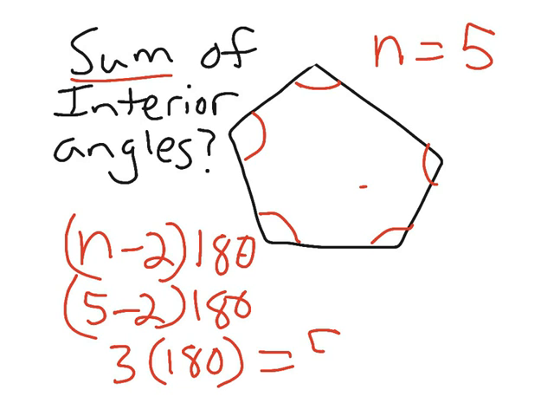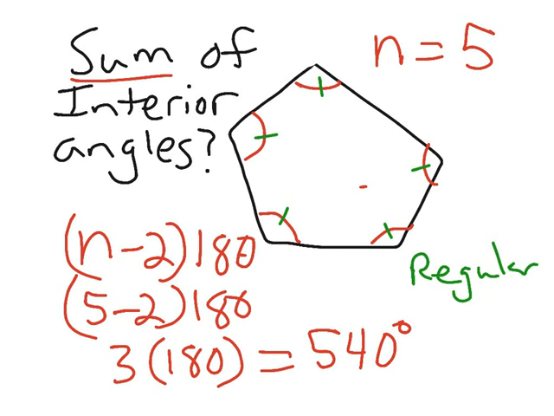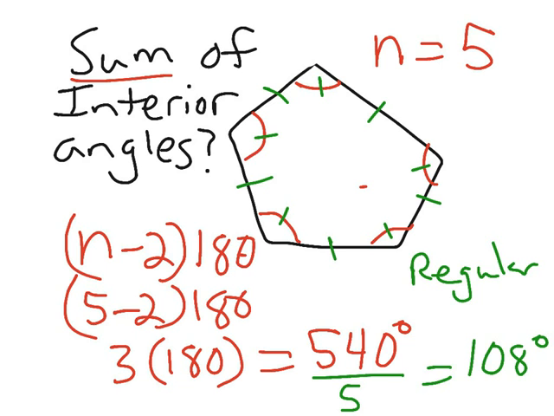There's one other thing I should tell you about, and that is a special case: if it's a regular polygon, which means that all the angles are exactly the same measure and all the sides are the same length, then you could actually divide this number by the number of sides, and that would tell you what the measure of each angle is. So if this were regular, each angle would actually be 108 degrees. But again, that only works in a regular polygon.